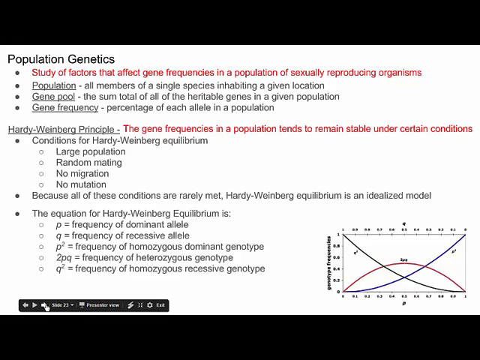But how often do you think those conditions are met in an actual population? Rarely. Almost never. Okay? But that's okay. Because what scientists do is use this Hardy-Weinberg equation to predict the frequency of certain genes. And then they look at an actual population.